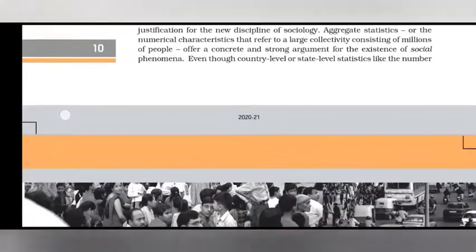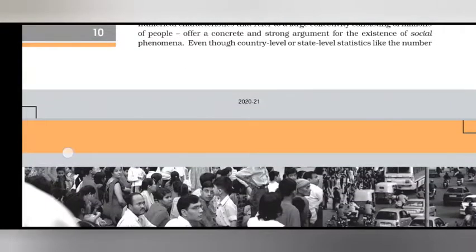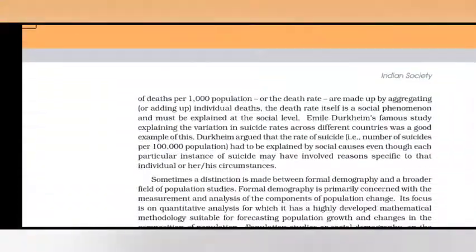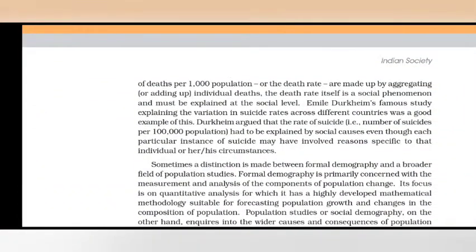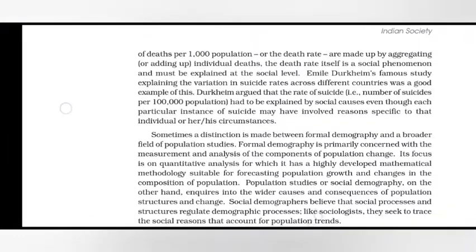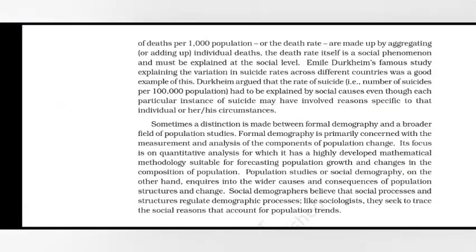Even though country level or state level statistics, like the number of deaths per population or the death rate, are made up by aggregating individual deaths, the death rate itself is a social phenomenon and must be explained at the social level.